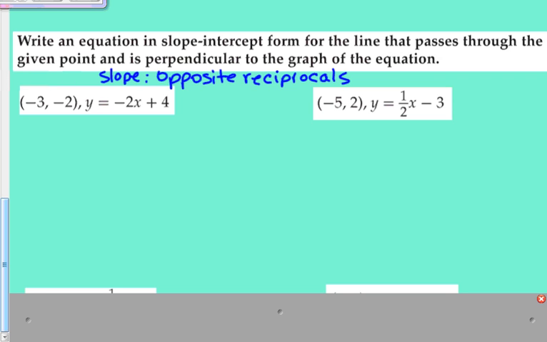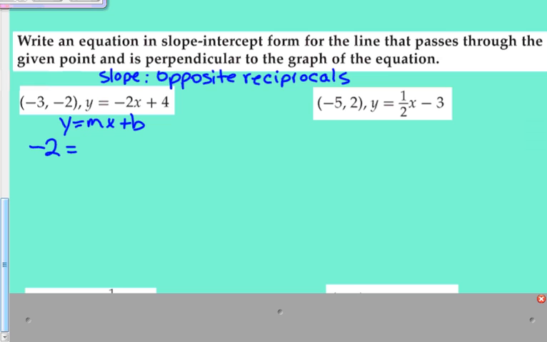So we're going to do the same process. Start with our y equals mx plus b form. We're going to plug our y in for y of our point that's on this line. Our slope, though, instead of being exactly the same, since they're perpendicular, we have to flip it and change the sign. So instead of being negative, it'll be a positive.